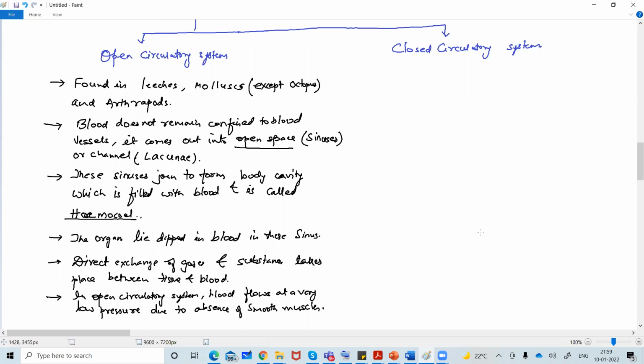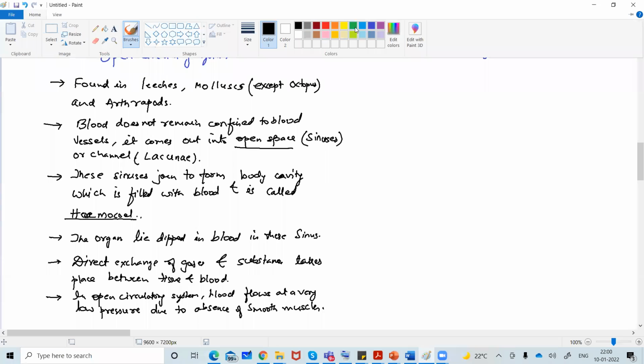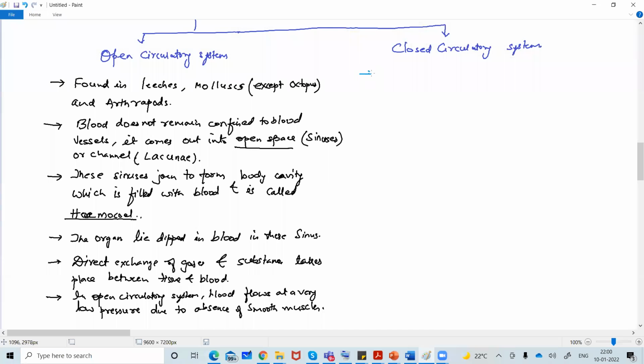The blood plasma present in the open circulatory system contains respiratory pigments dissolved in the plasma, which help in absorption of gases, right? Okay. Let's come back to the next, the closed circulatory system.